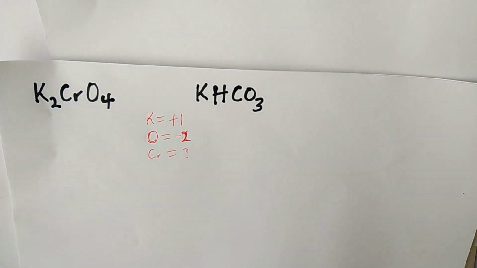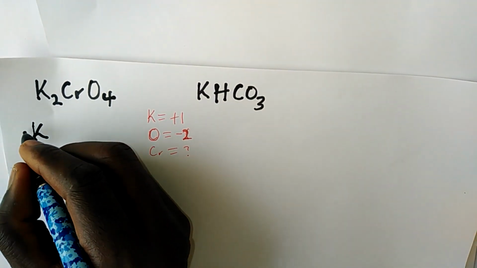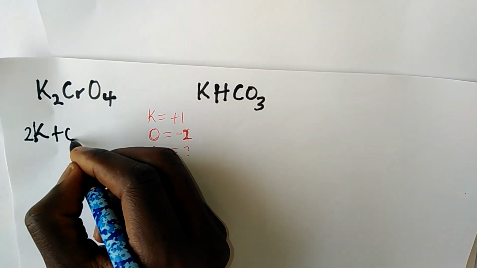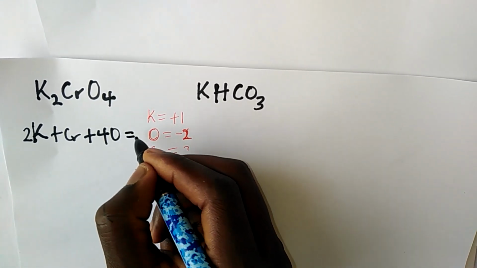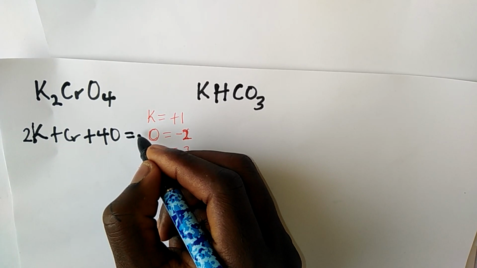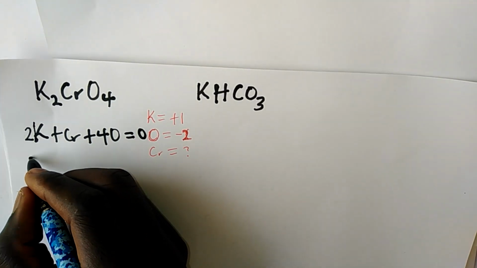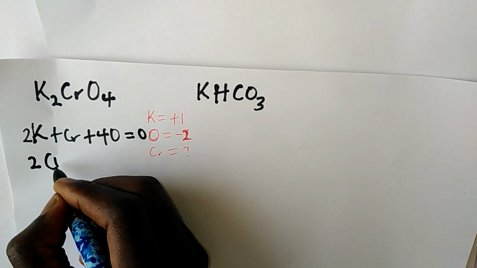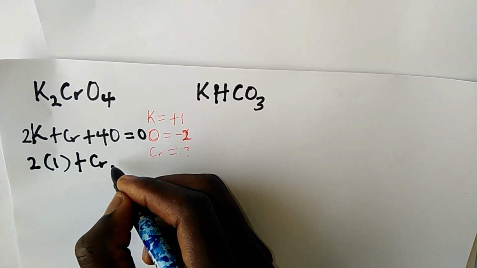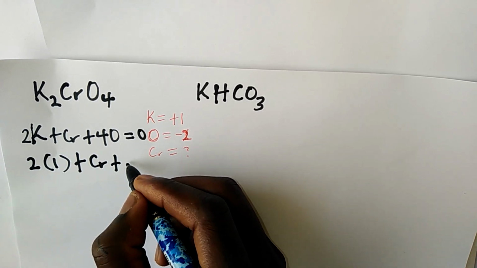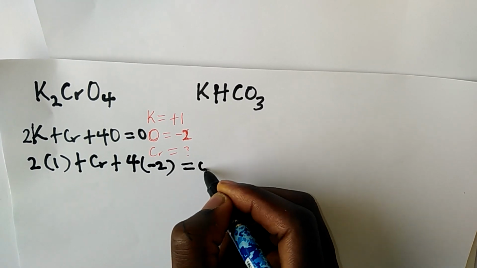Now, to do that, we say potassium, 2K plus chromium plus 4O is equal to 0. Now we say 2 times 1 plus chromium plus 4 times minus 2 is equal to 0.